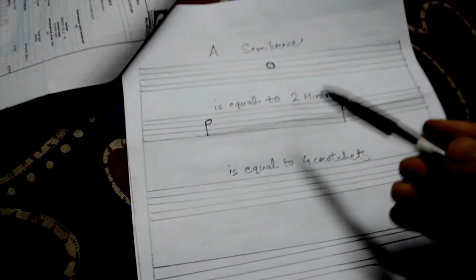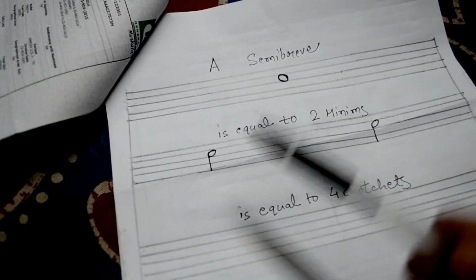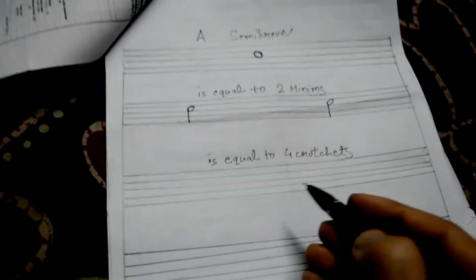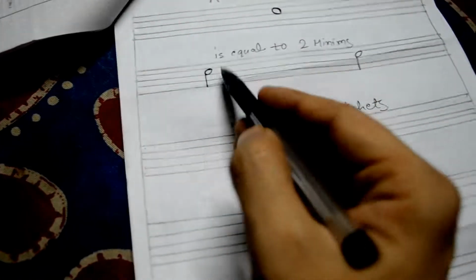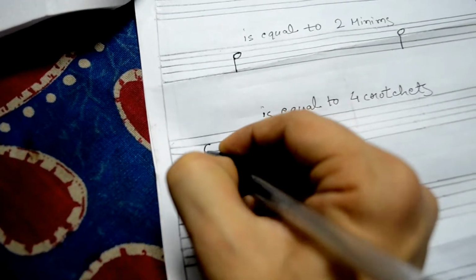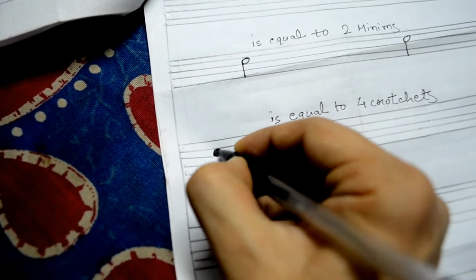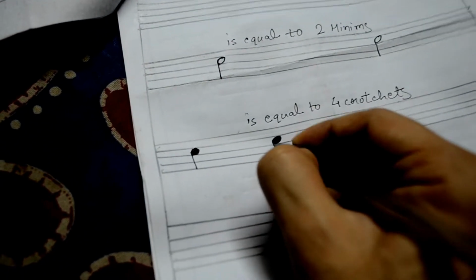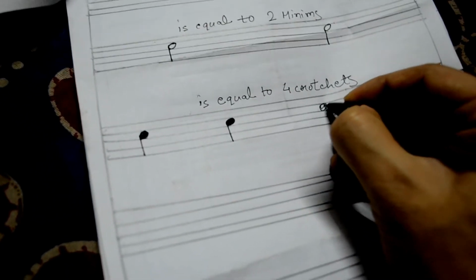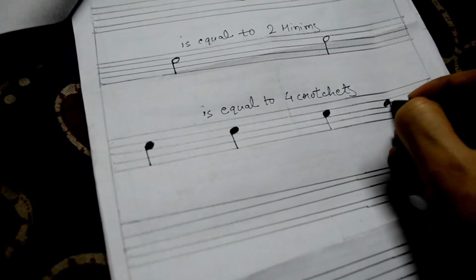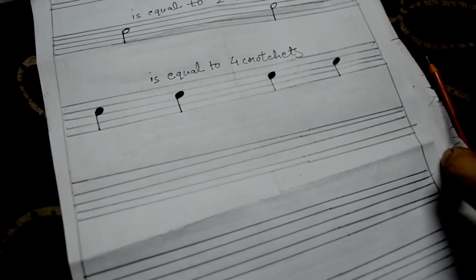So 2 minims together form a semibreve. Now when I am drawing the crotchets, each minim is divided into 2 crotchets, so there will be 4 crotchets. So a semibreve is equal to 4 crotchets. You can see this.